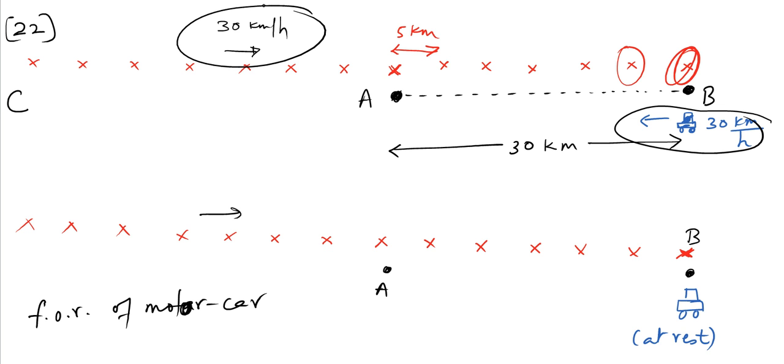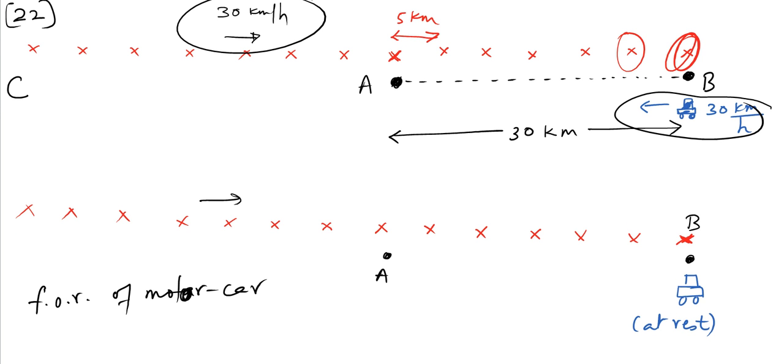So naturally, as viewed by the driver of the motor car, the whole procession of cyclists is moving at 60 kilometers per hour towards the right. And because distances are absolute in classical mechanics, the distance separating any two consecutive cyclists is still going to be 5 kilometers. That doesn't change.